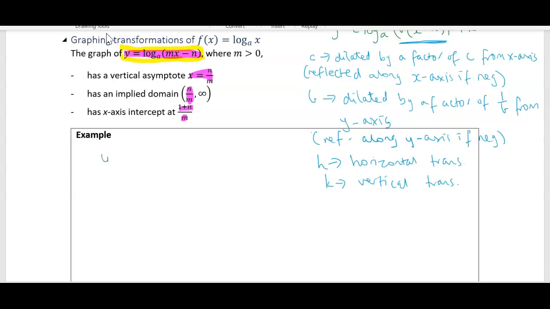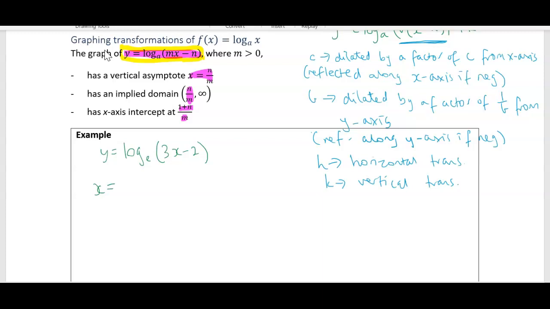All right, so I'm just going to write a function. So y equals log, and I might just do base E because you often see base E, 3x minus 2. Okay, so if you had a function like this, you can get your vertical asymptote. We have an asymptote at x equals n over m.